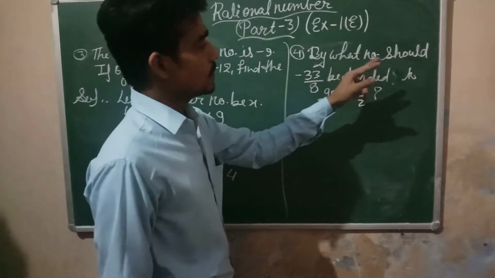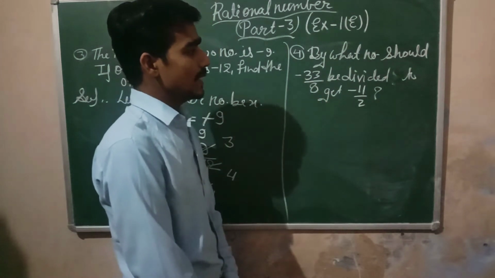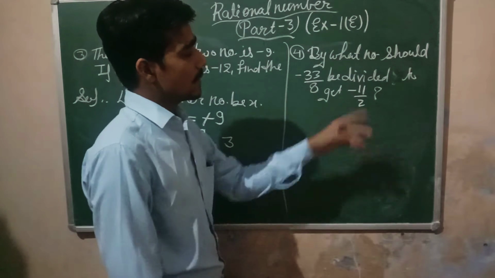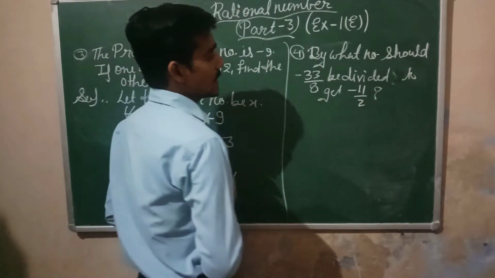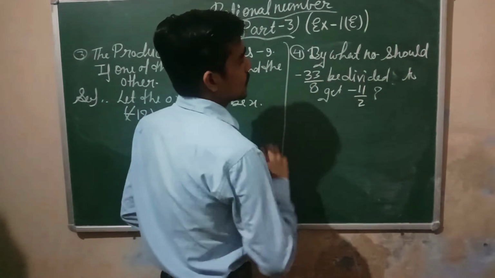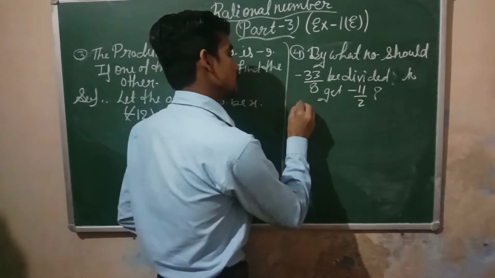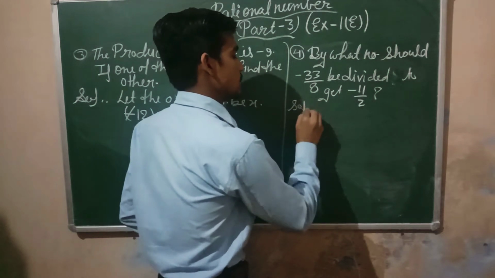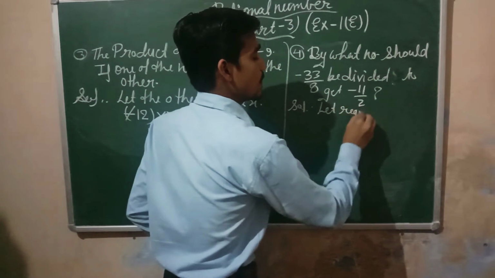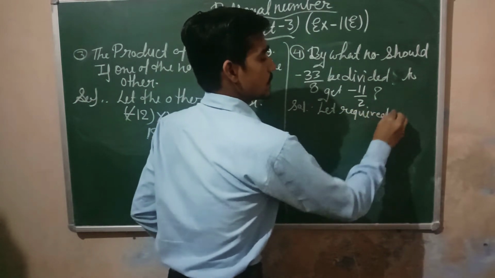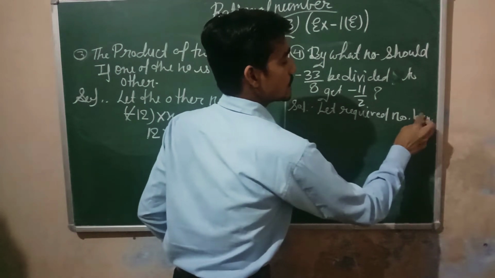By what number should minus 33 upon 8 be divided to get minus 11 by 2? You will also write here what number should be. Let the required number be x.